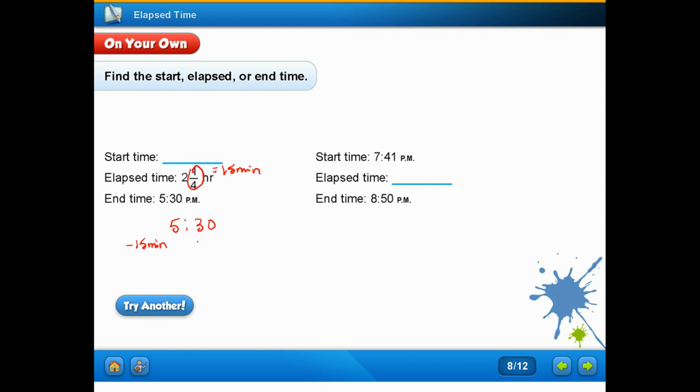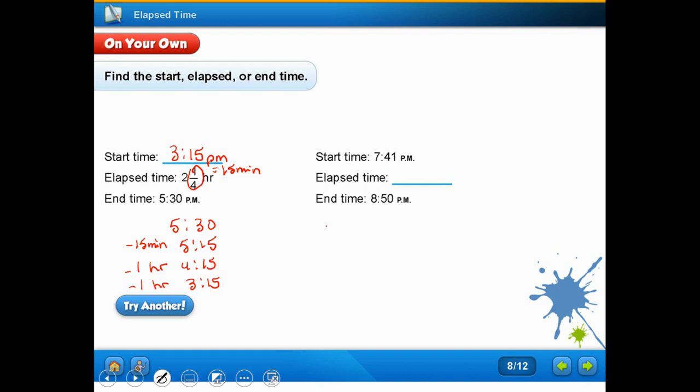So 5:30 minus 15 minutes would be 5:15. Now I'm going to subtract 1 hour, and that's going to give me 4:15. Now I'm going to subtract my last hour, and that's going to give me 3:15. So 3:15 p.m.